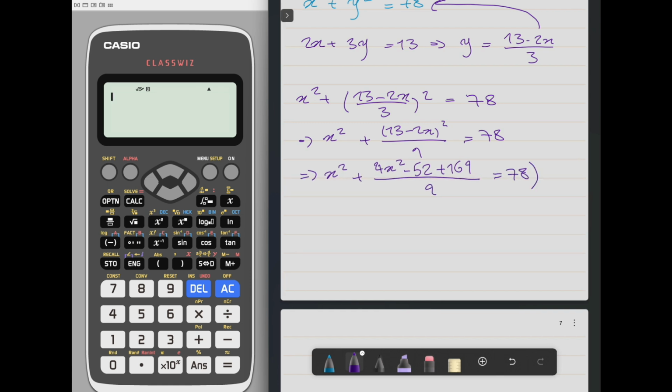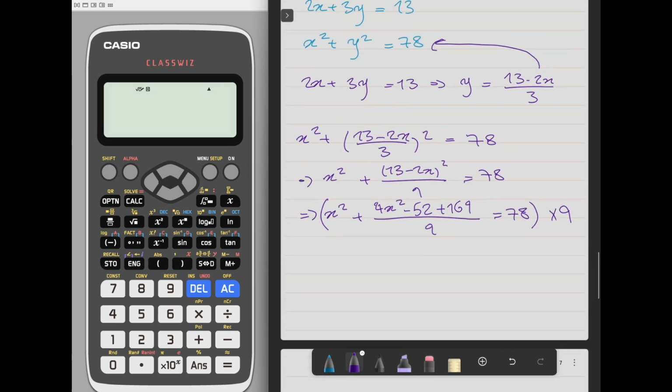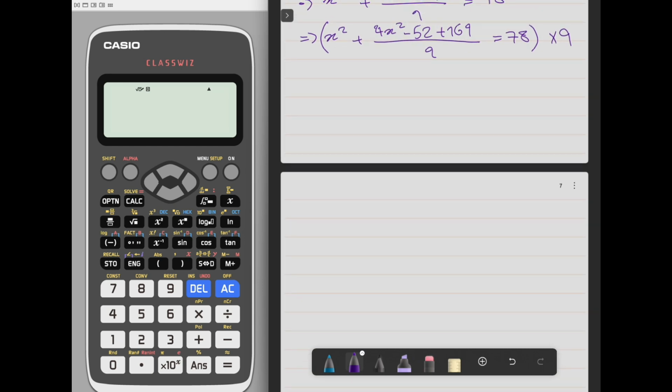I will multiply the whole equation by 9 because I hate fractions. 9x squared plus 4x squared minus 52x plus 169 equal to 78 times 9, which is going to be 702.